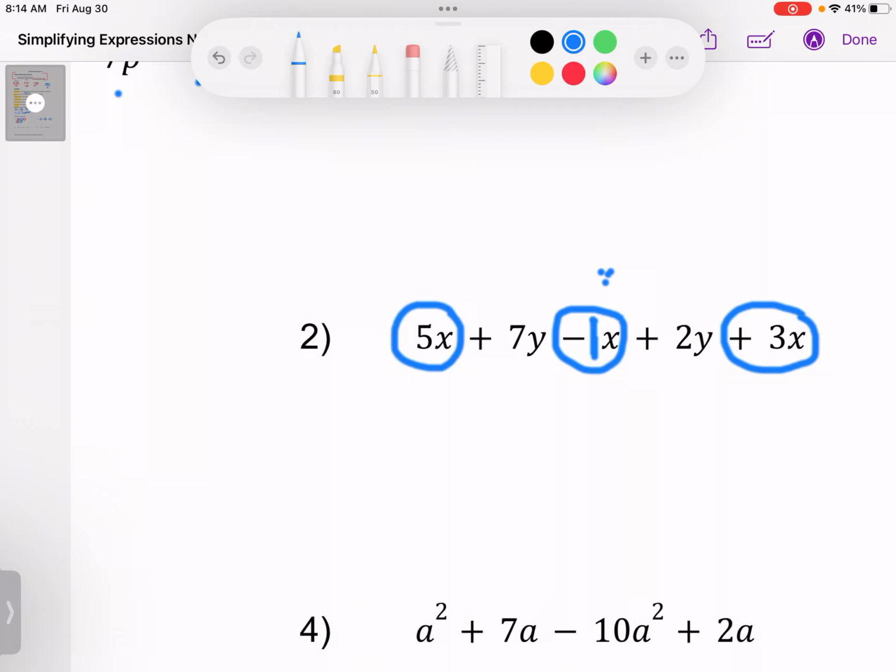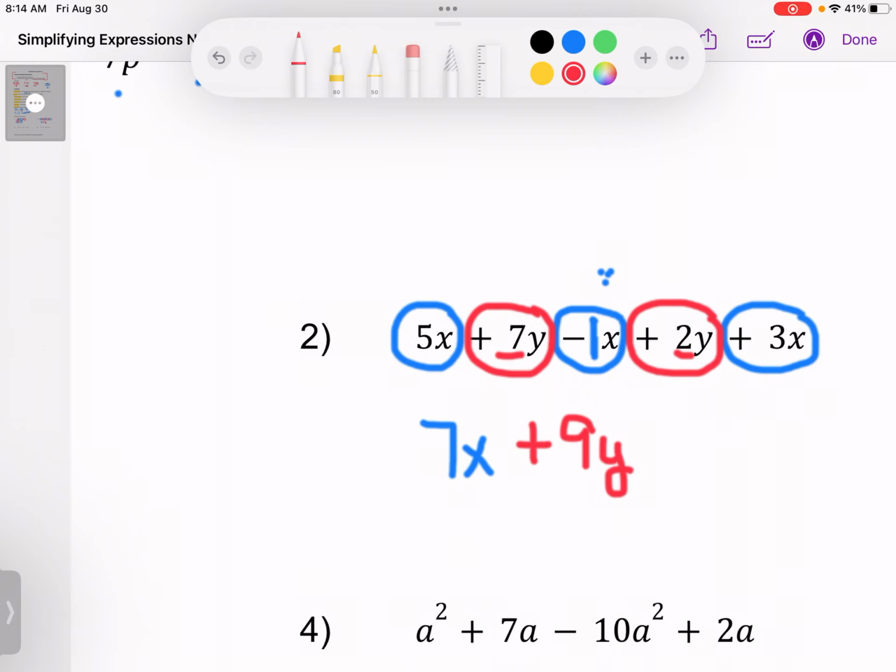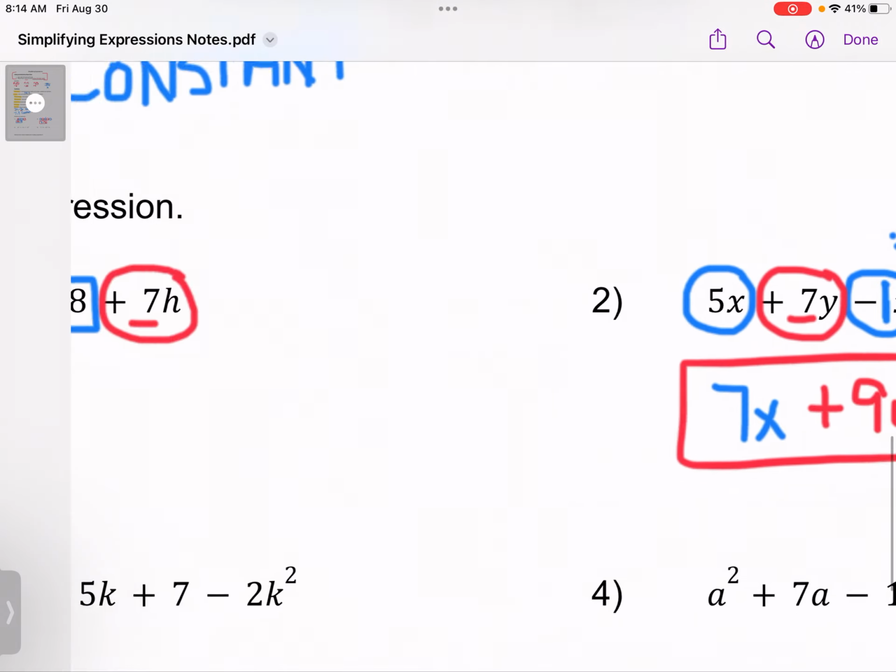So I'm going to put them all together. 5 minus 1 is 4. 4 plus 3 is 7. So 7x, and then I also have the like terms of 7y and 2y. So 7 plus 2 is 9. This is positive, so positive 9y. And so there would be my simplified expression.